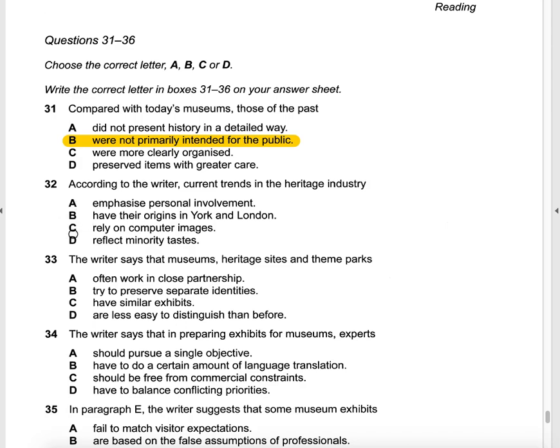Definitely not B and definitely not C. So, because this is for the future. Minority tastes? I don't think so. I think it's majority. So it's got to be A here. Okay. 1 second.